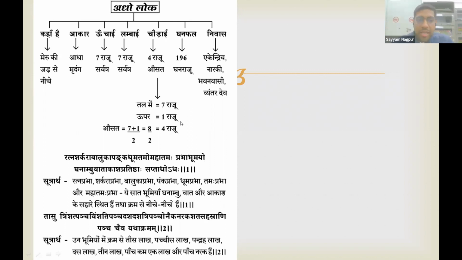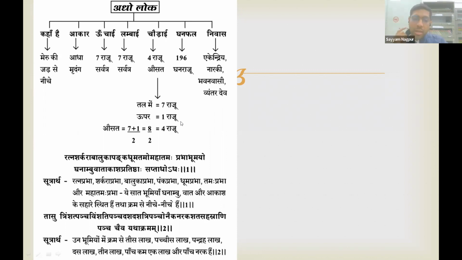So this says that the first land has 30 lakh Narakas. The second land has 25 lakh. The third land has 15 lakh. The fourth land has 10 lakhs. Fifth land has 3 lakhs.